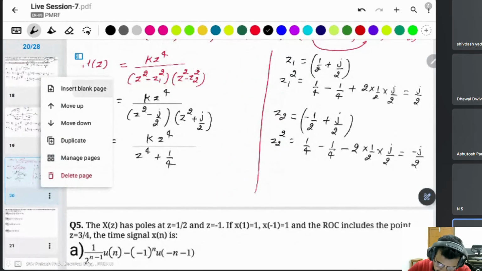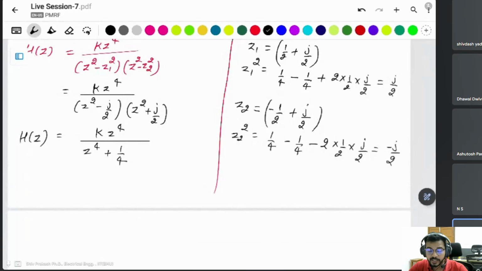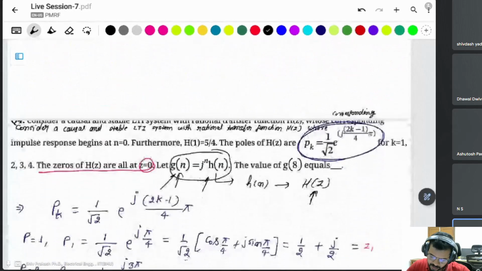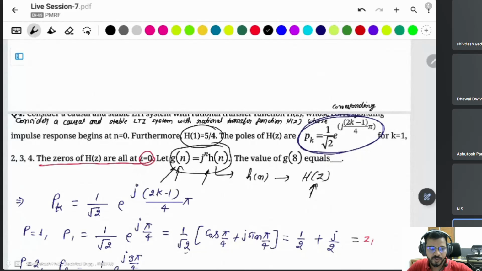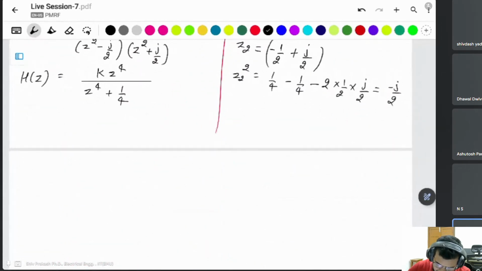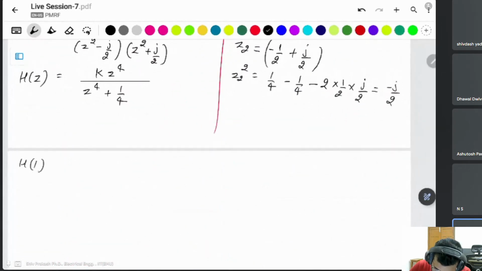This is the transfer function, impulse response in Z domain, but there is still a k value. How can you find the k? For finding the k value, something is given in the question: h1 is equal to 5 by 4. Then you have to put this value. Find h1: in place of z, put the value 1, then k divided by 1 plus 1 by 4. h1 is given as 5 by 4.